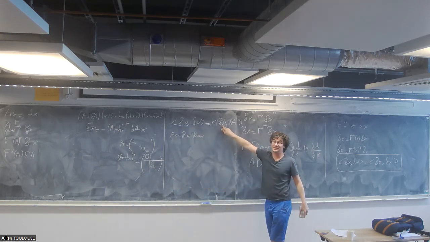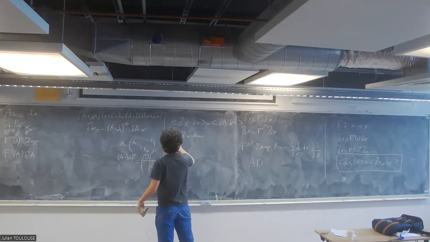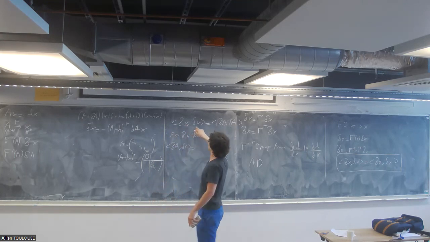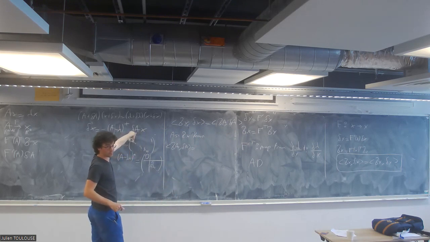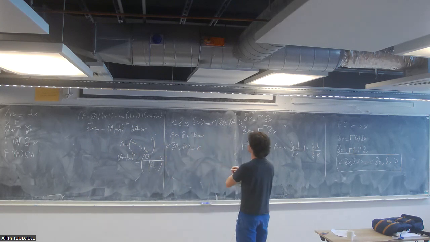Then delta A is defined by this relationship for all delta A. So delta A applied to delta A is given by this, but now I know delta x as a function of delta A. So this is given by, no, what am I doing?